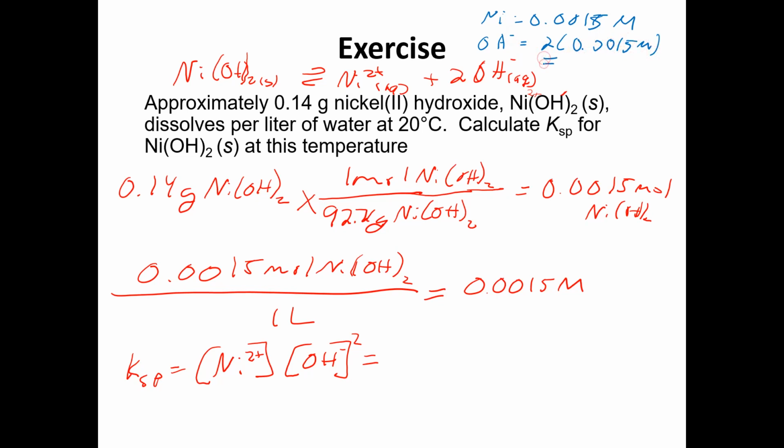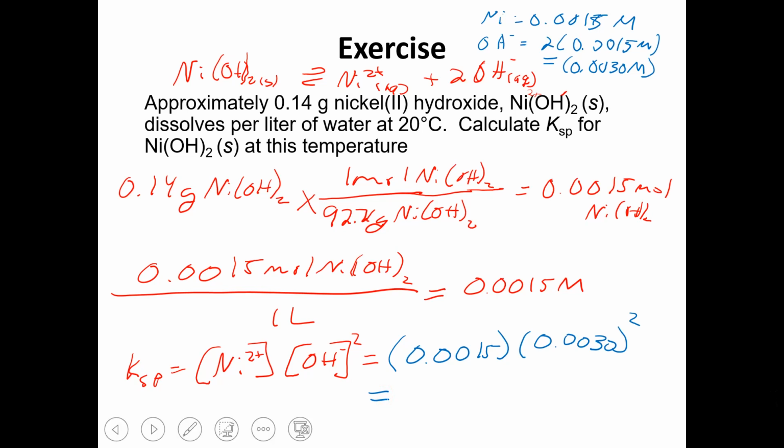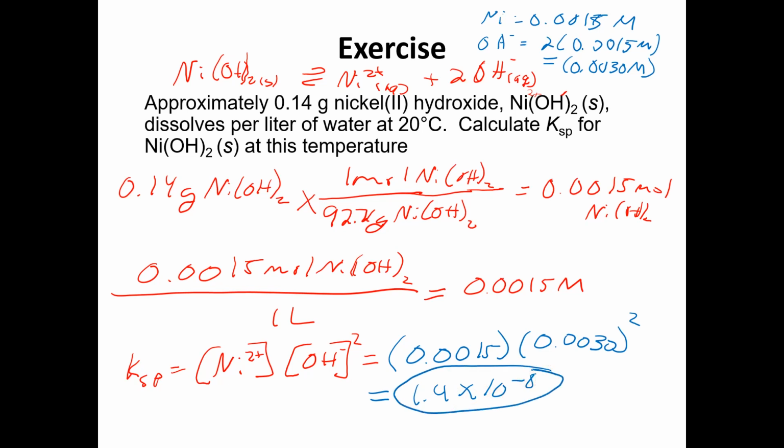So the concentration of the hydroxide ion is going to be 0.0030 molar. So if we plug in 0.0015 for the nickel and 0.0030 squared for hydroxide, if you take 0.0015 times 0.0030 squared, you should come up with 1.4 times 10 to the negative 8th for the value for Ksp.